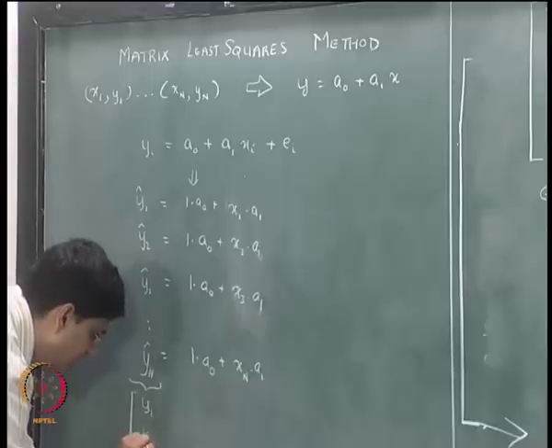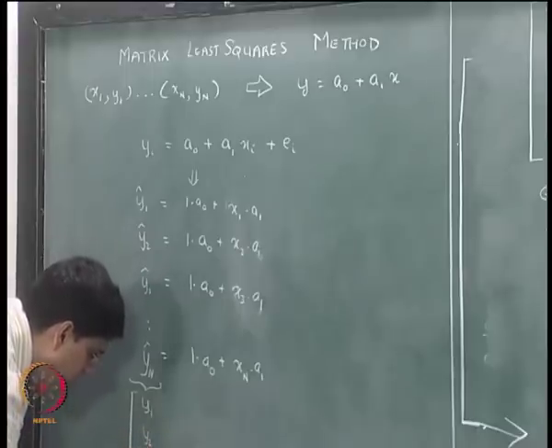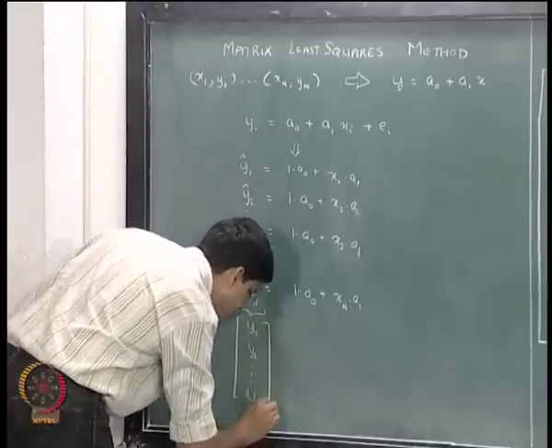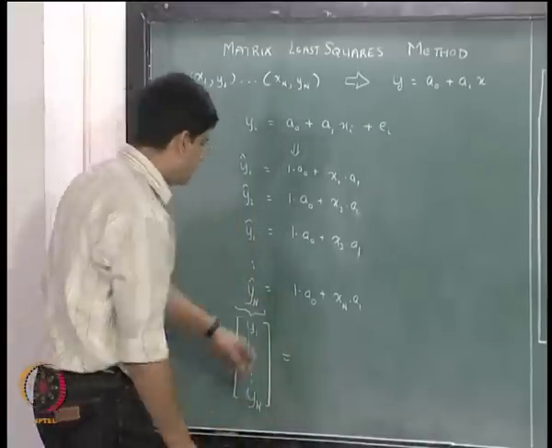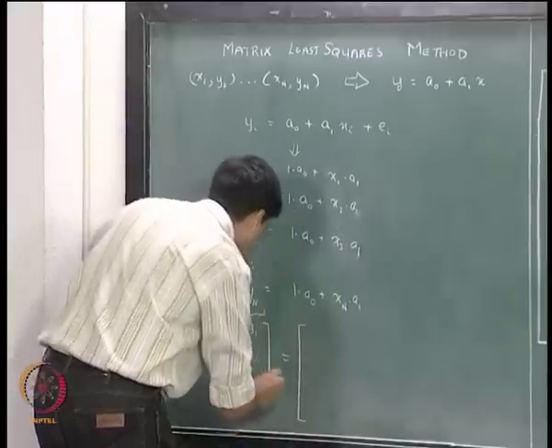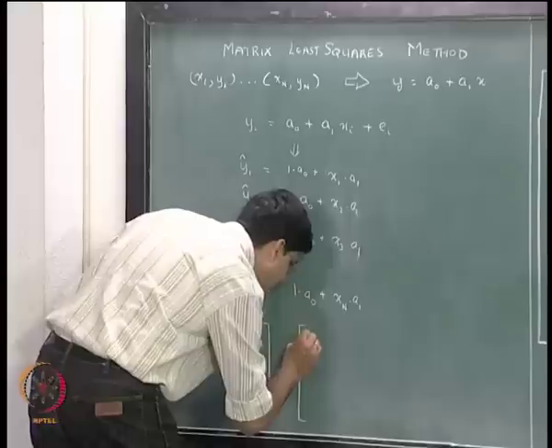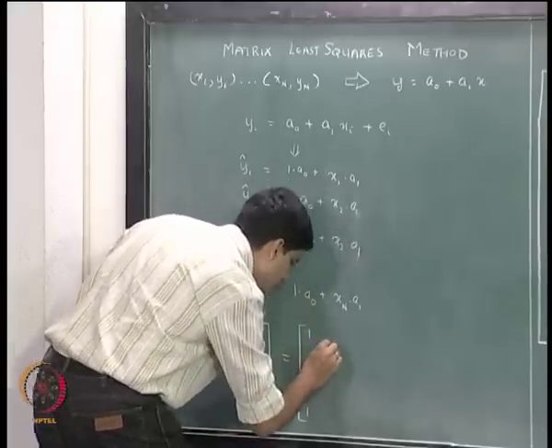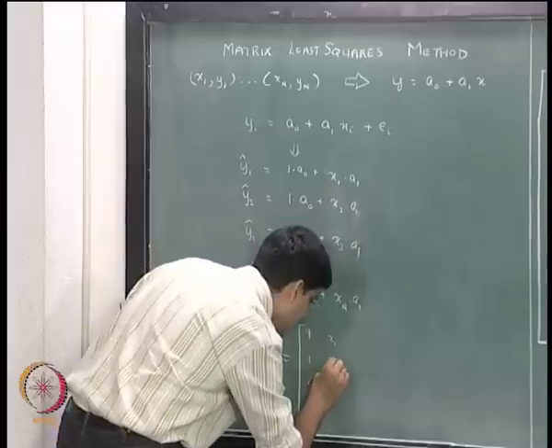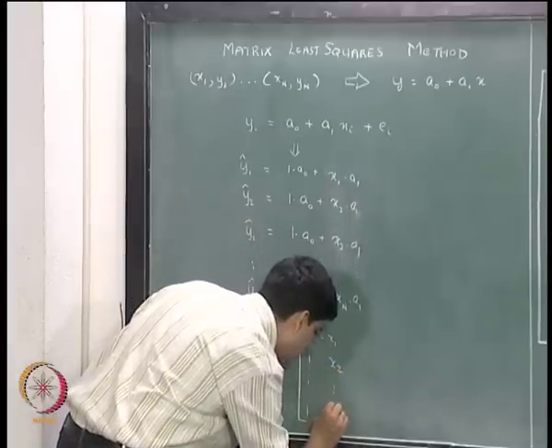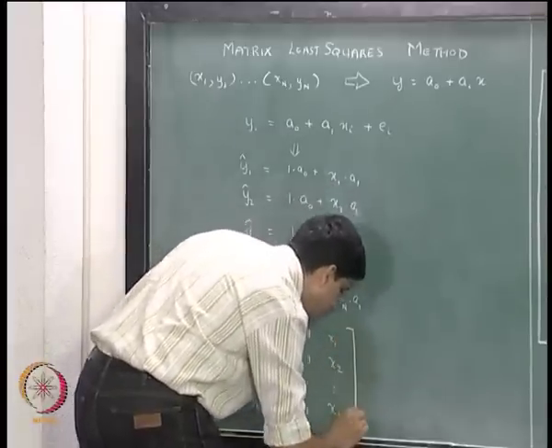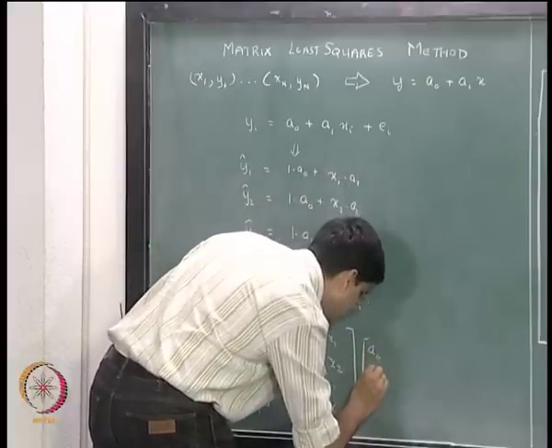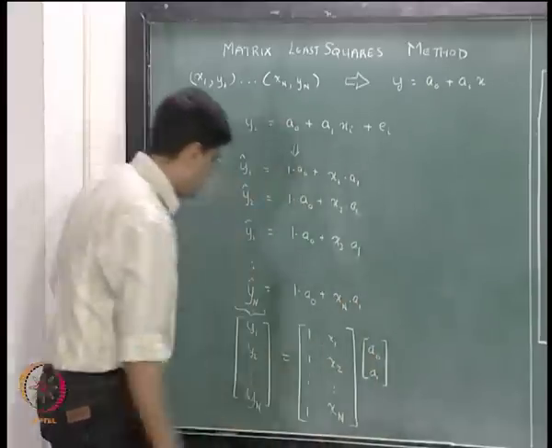This in the matrix form we will be able to write as our matrix y1, y2 and so on up to yn. This is going to be equal to, okay, 1 1 and so on up to 1, x1, x2 and so on up to xn multiplied by a0, a1, okay.